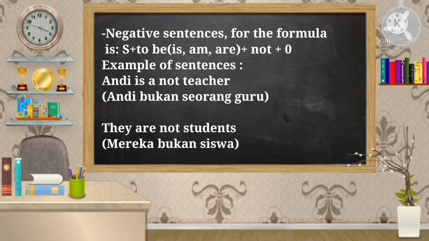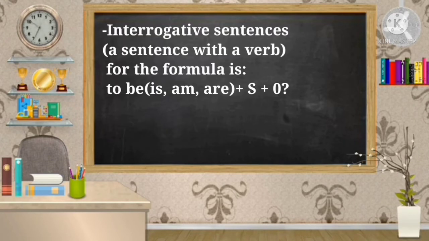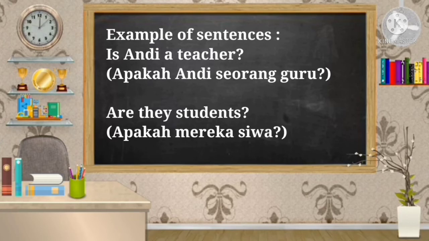Example of sentence: Andy is not a teacher, they are not students. Interrogative sentence: a sentence with a question, the formula is to be, is, am, are plus subject plus object. Example of sentence: Is Andy a teacher? Are they students?